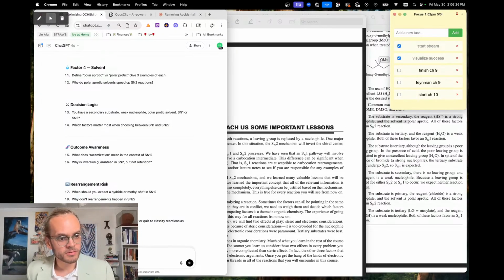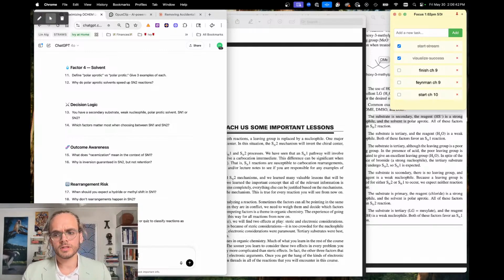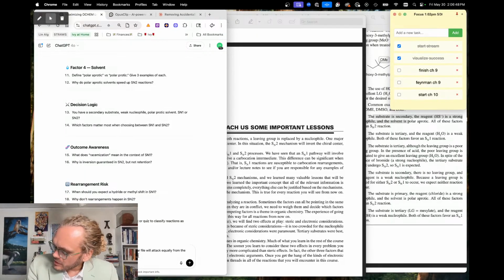Number 15, racemization means that the nucleophile will attack equally from the front and back, meaning that the chiral center will have equal parts R and S configuration.